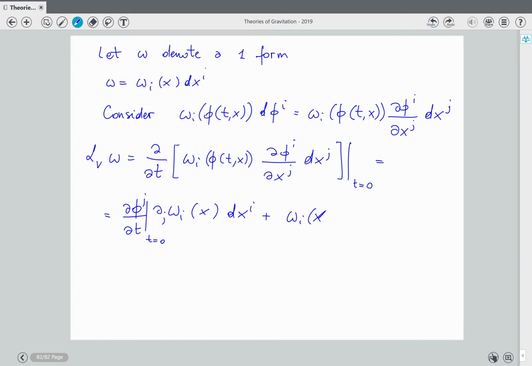When t equals 0, phi becomes x. And then you have this derivative, and that you can exchange.